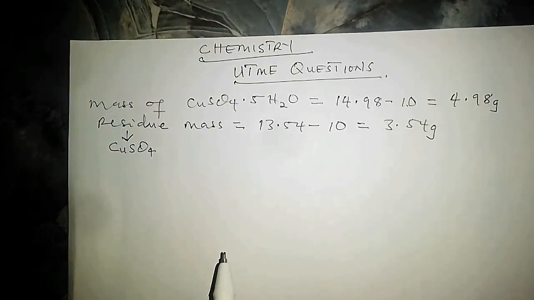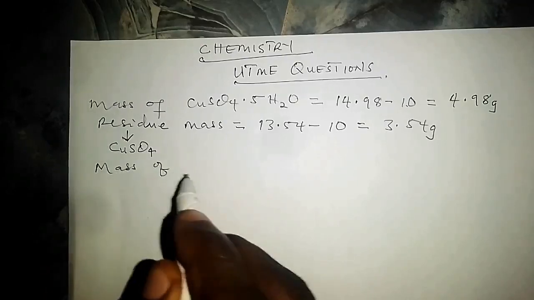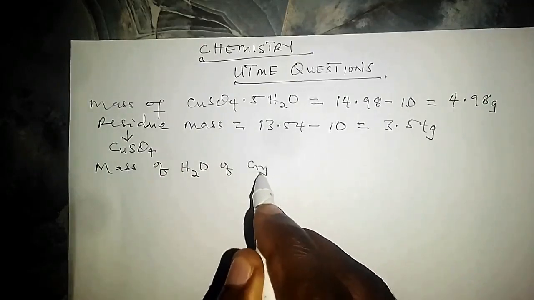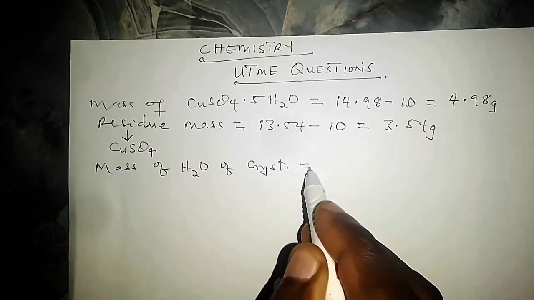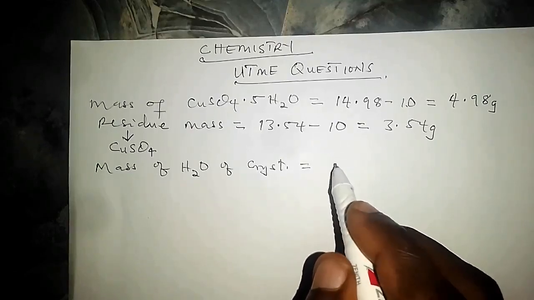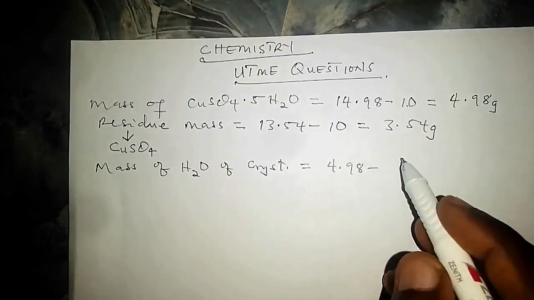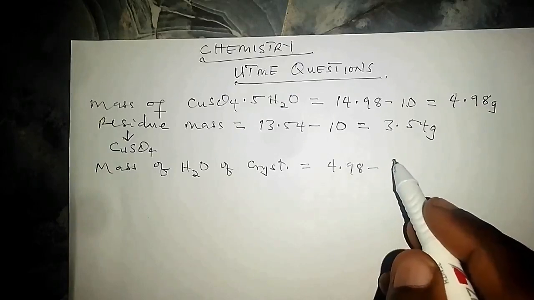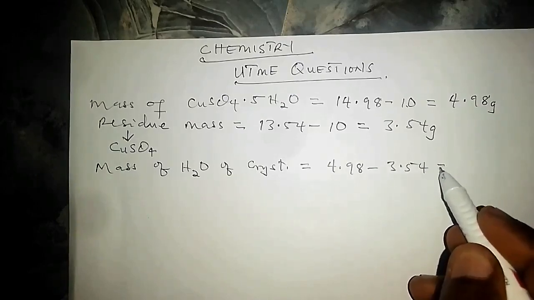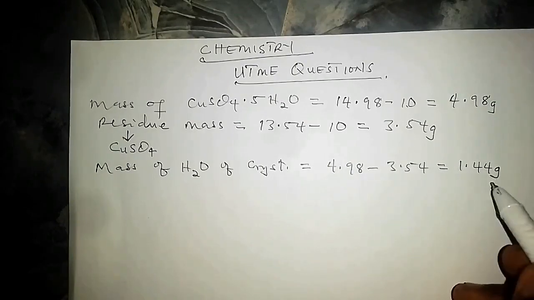Now we need to calculate the mass of water of crystallization. So the mass of water of crystallization is going to be equal to the mass of hydrated copper(II) sulfate, which is 4.98, minus the mass of anhydrous copper(II) sulfate, which is 3.54, which equals 1.44 grams.